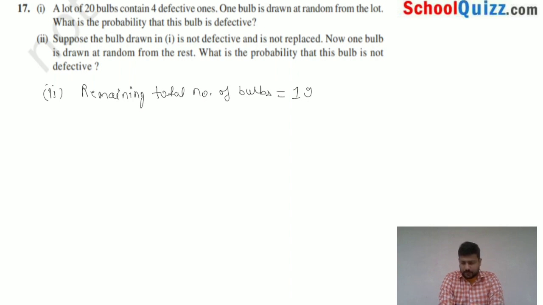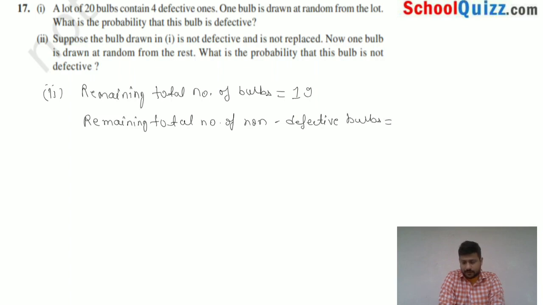Now the remaining total number of non-defective bulbs is equal to 16 minus 1, which is equal to 15.